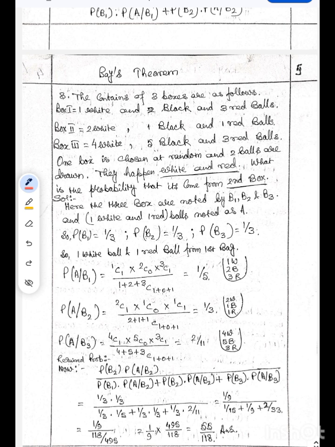It is the question. So our favorable case is white and red, and also it will come from the second box. So first we name the boxes B1, B2 and B3, and the probability of B1, B2, B3 is 1/3 each. Therefore one white and one red ball is noted by A. Therefore PA by B1 means probability of one white and one red ball from the first box, that is 1/5.